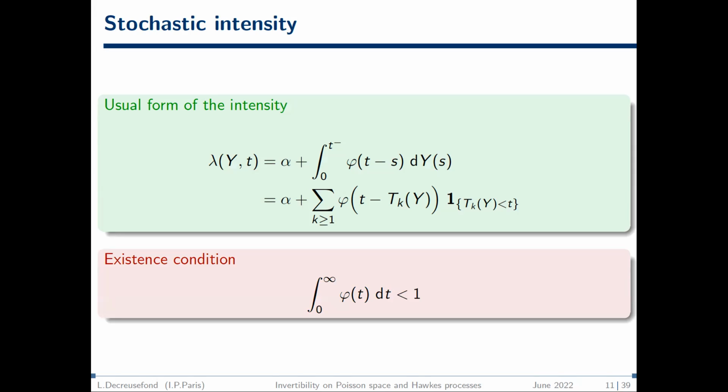But no, here phi is positive. Actually, this is another question, I must be sure that lambda of y and t is positive. Take the positive part of it. Of course.